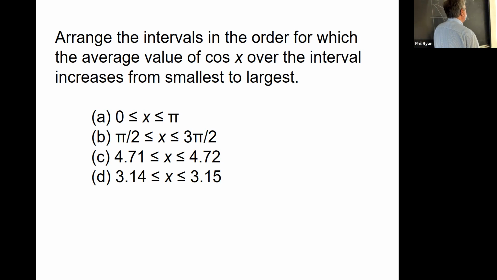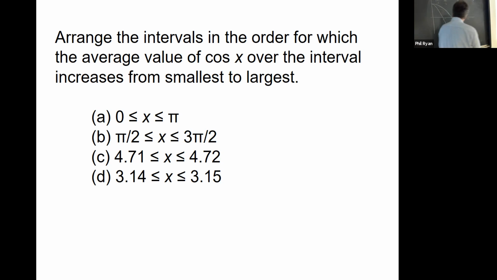And then 4.71 is around here. We'd have to look at it, so it's either going to be less than or greater than, it's going to be approximate that. We have to actually have a look at what pi is to determine which one is positive and which one is negative.